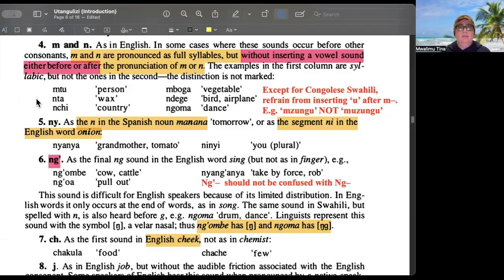Mm, mm. So there is no vowel inserted between these two consonants. For example, we have mtu, nta, nchi.